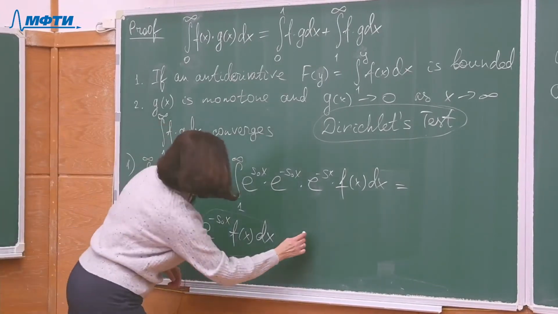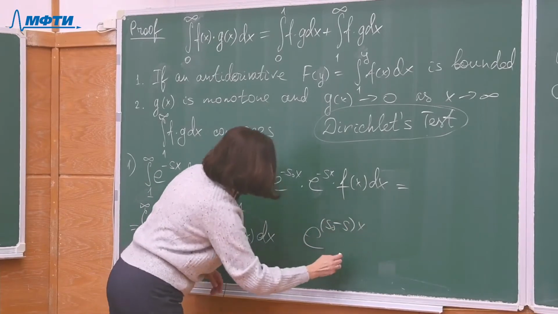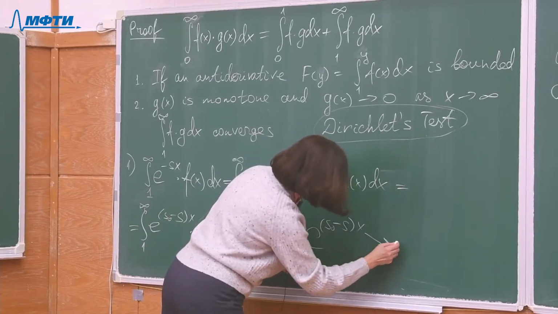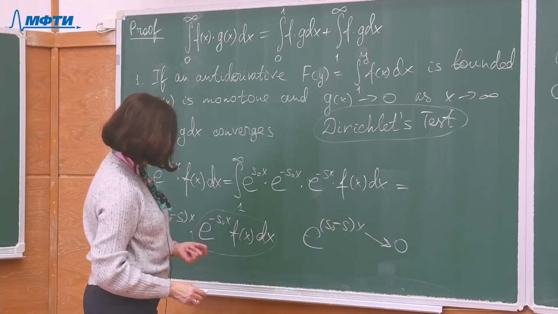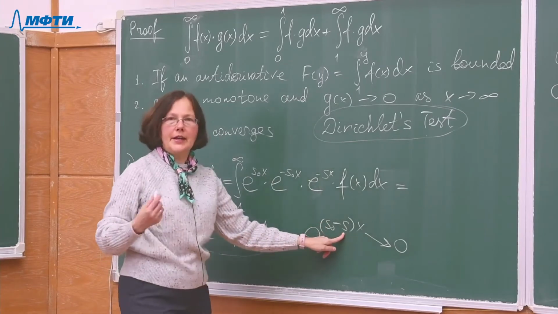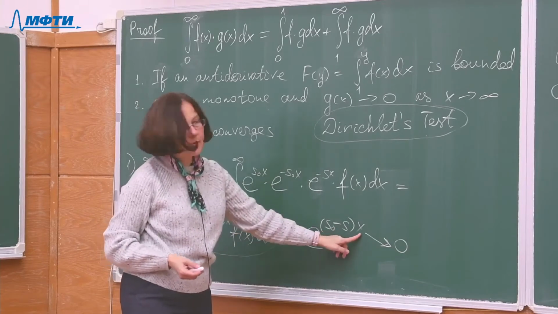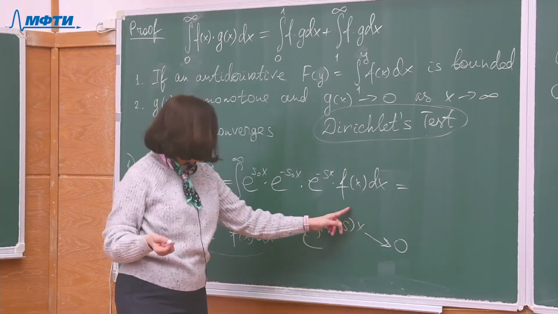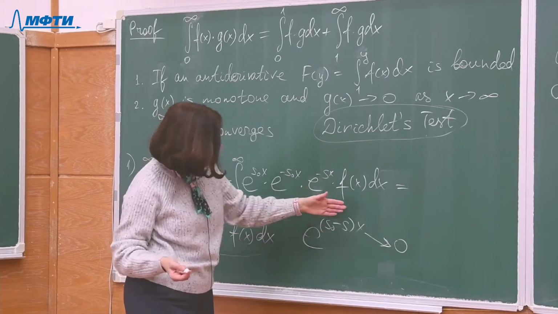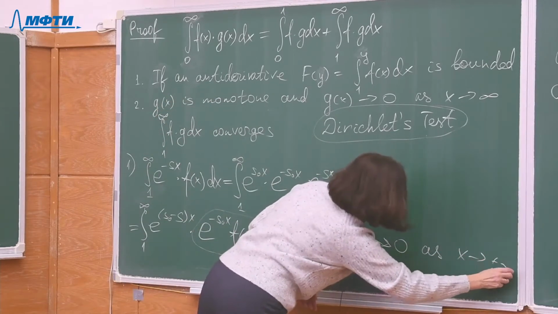Why does e to the power s0 minus sx approach 0? Because s is greater than s0, so the power is negative, and x approaches positive infinity. So this power approaches negative infinity, and e raised to this power approaches 0 as x approaches positive infinity.